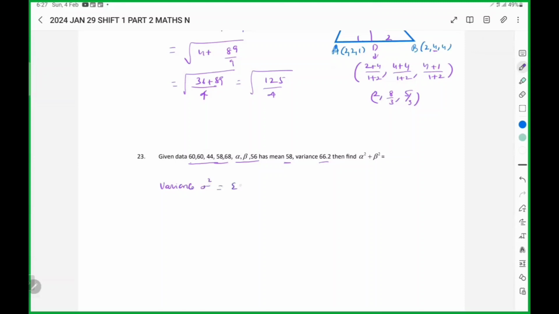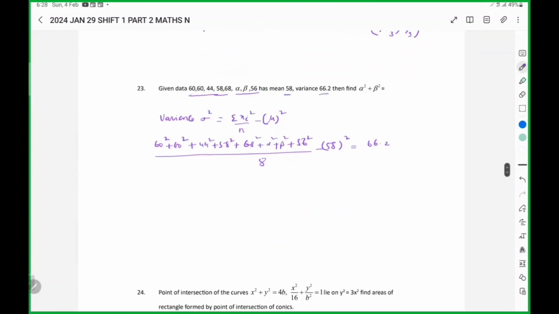Variance is calculated by the formula: sigma xi square by 8 minus mu square. That means 44 square, 58 square, 68 square, alpha square plus beta square, 56 square by 8 minus mu square is 66.2.